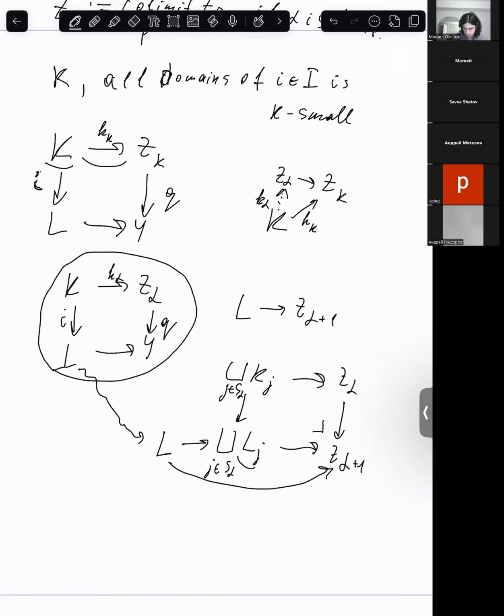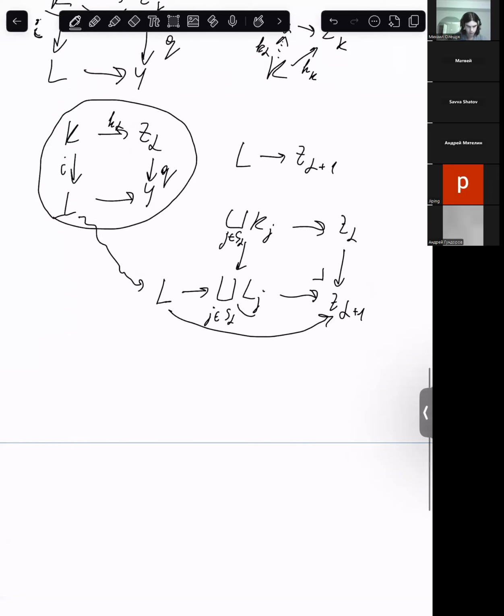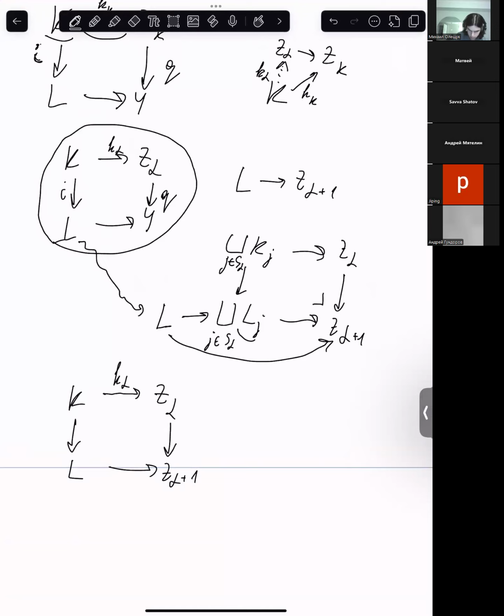So we have this map, this diagram, the inclusion of L.